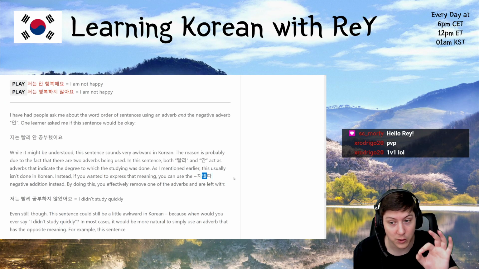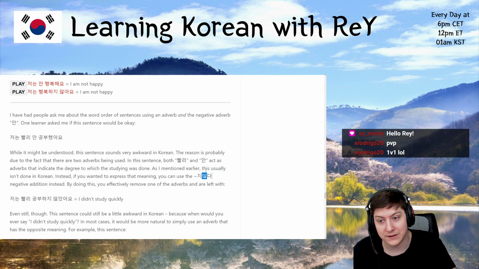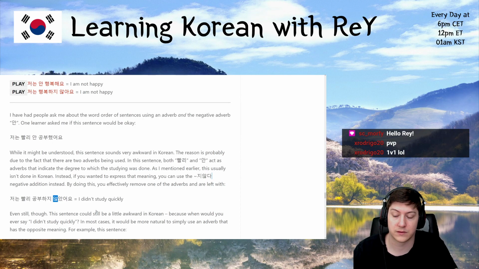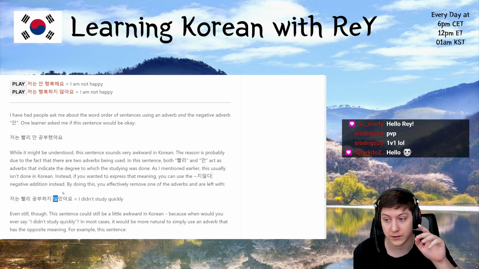There's no irregular. So since this is always the last part of the stem, in every negative sentence where you are not using an, but you're using this one, you always look at the last vowel, which is an A, so you add asoyo for past form.